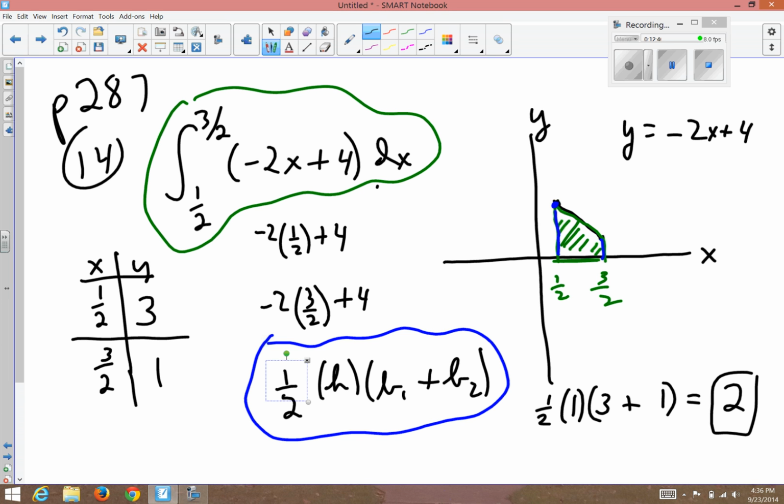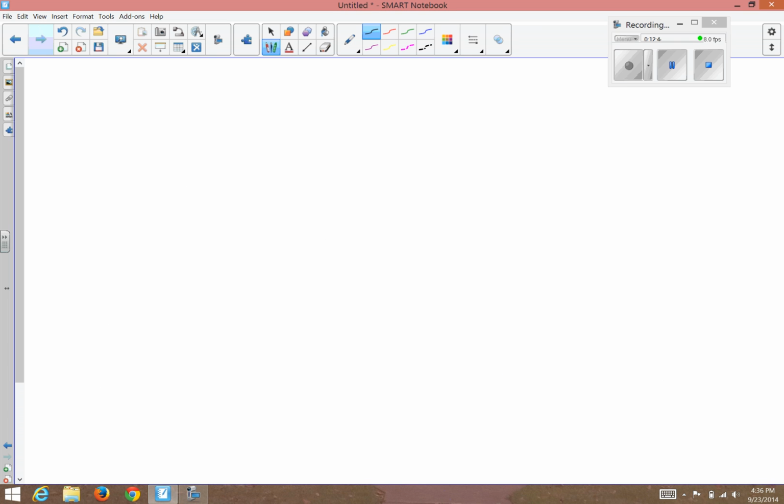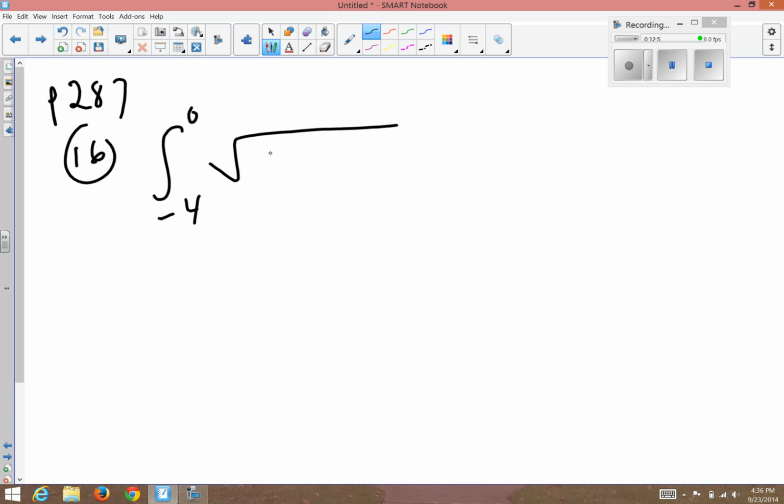Next one is number 16. Integral from -4 to 0 of the square root of 16 minus x squared dx. dx doesn't serve much of a purpose.